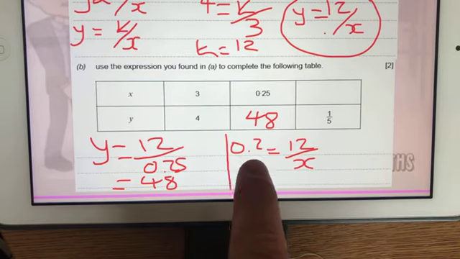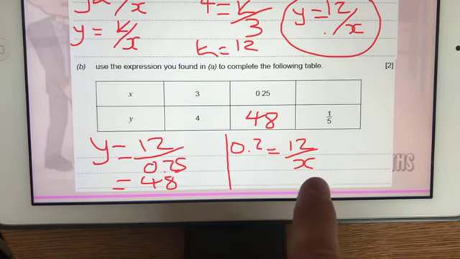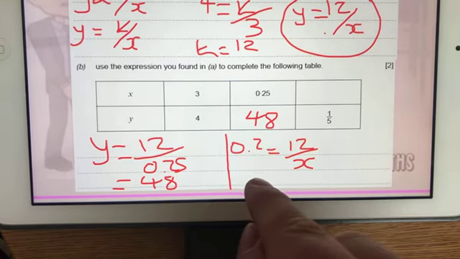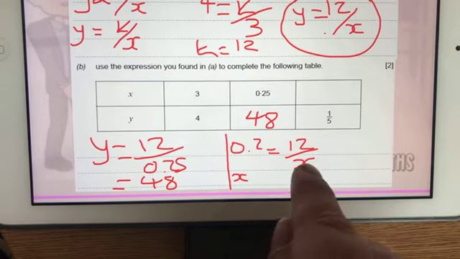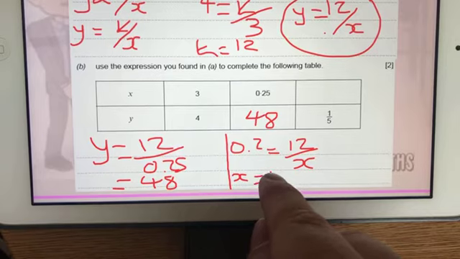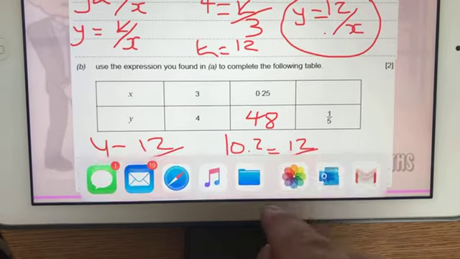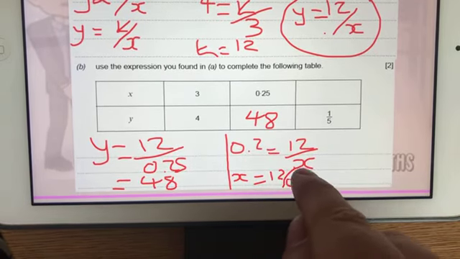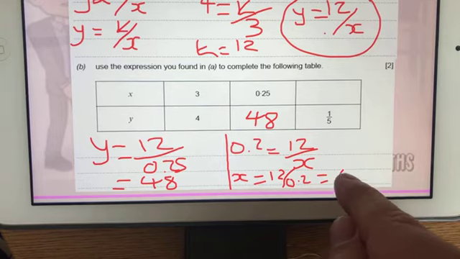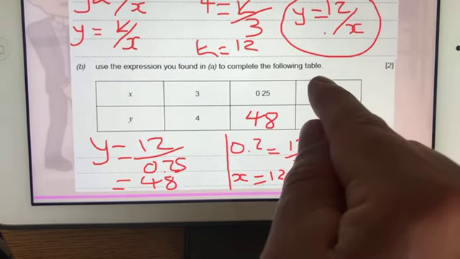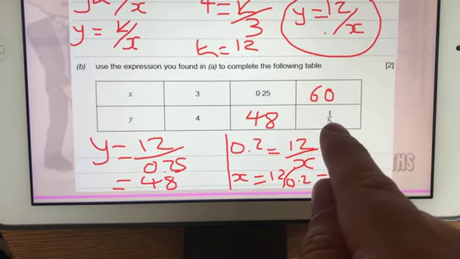So x equals 12 over 0.2. 12 divided by 0.2. Well, 5 0.2s fit into 1. Times that by 12, x has got to be 60. So when y is 1 over 5, x is 60.